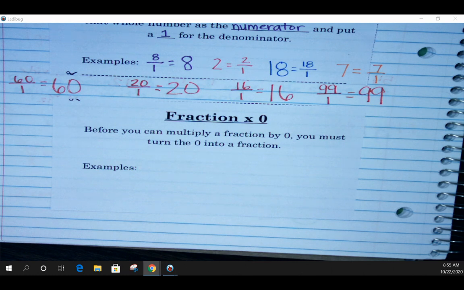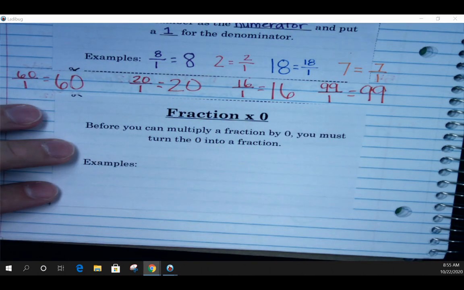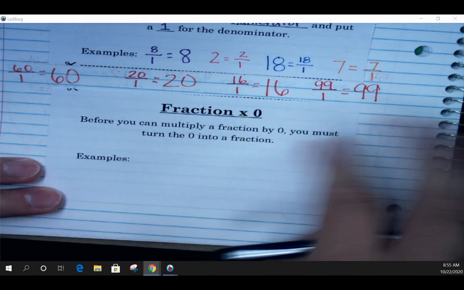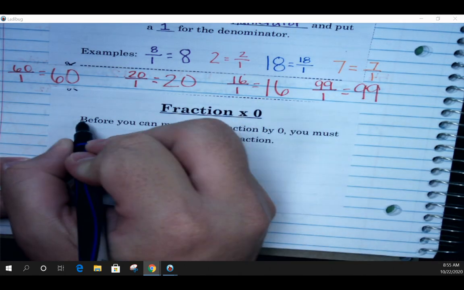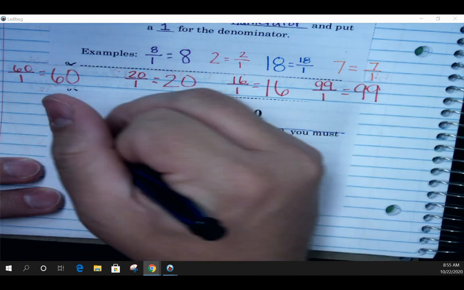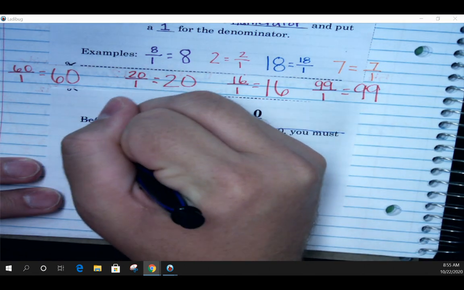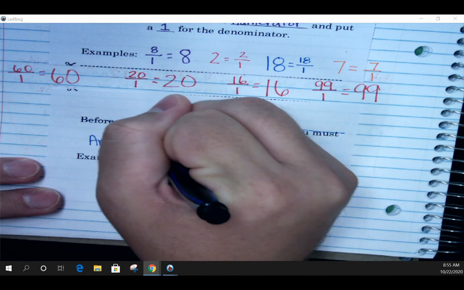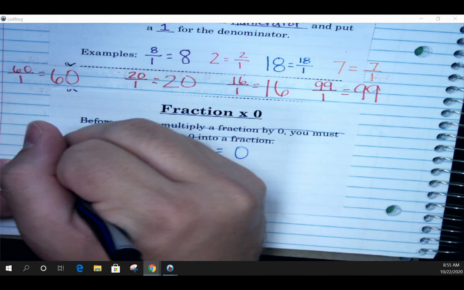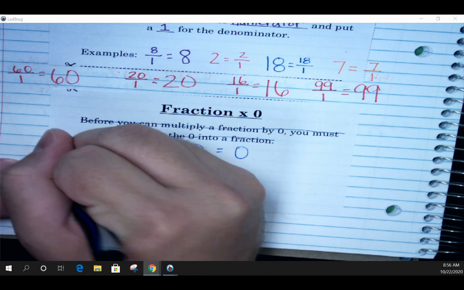Lydia, what's my times 0 rule? Okay. Now I could turn 0 into a fraction, but I don't want to. Just don't even write that. Write this. 1/2 times 0.